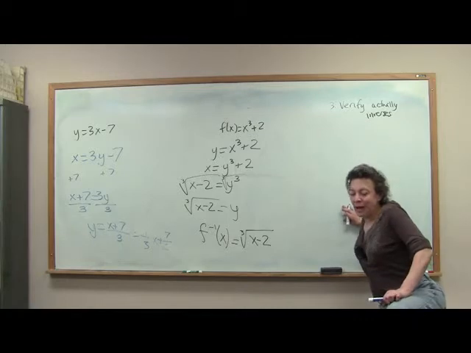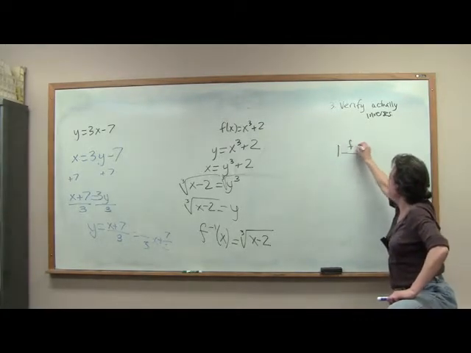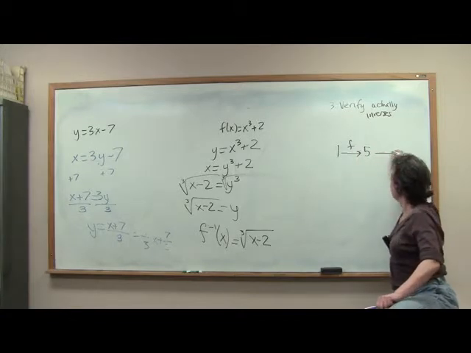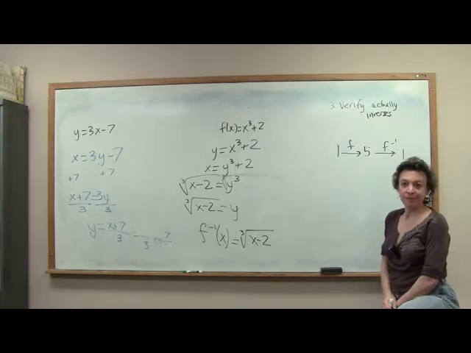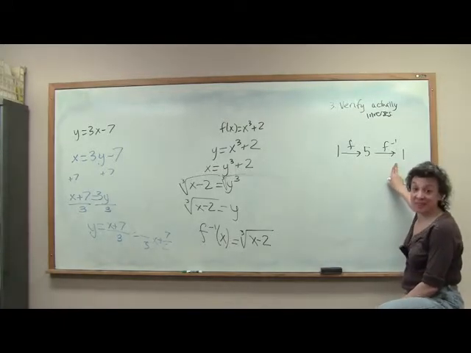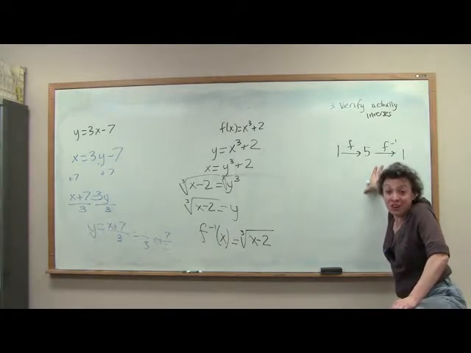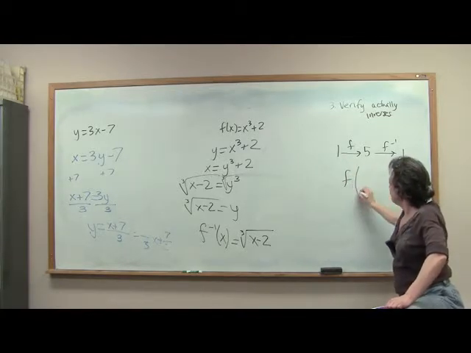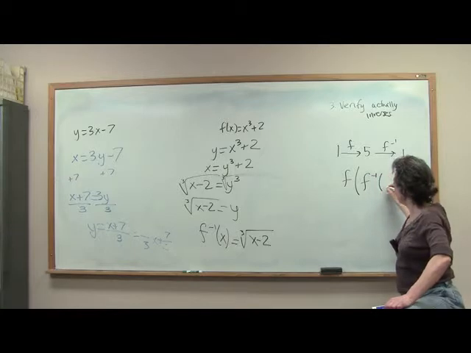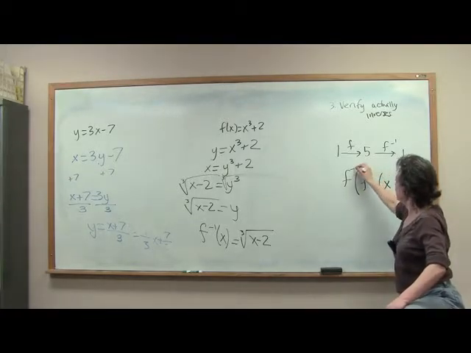Remember how I told you guys that if our function, say, takes 1 to 5, our inverse takes 5 back to 1? Look how I wrote this. Notice, I wrote this as a composite function. In other words, you have an inverse function if, let me do it this way first.